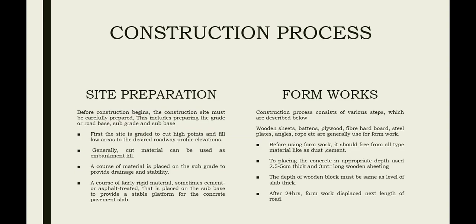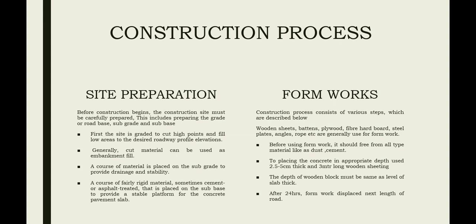So, what is the construction process when making a PCCP or Portland Cement Concrete Pavement? First, the site preparation. Before construction begins, the construction site must be carefully prepared. This includes preparing the grade or road base, subgrade, and subbase.